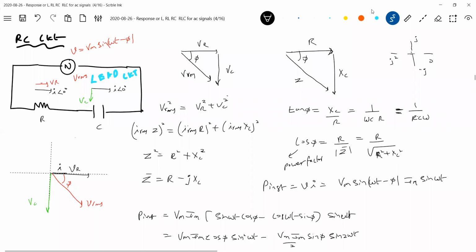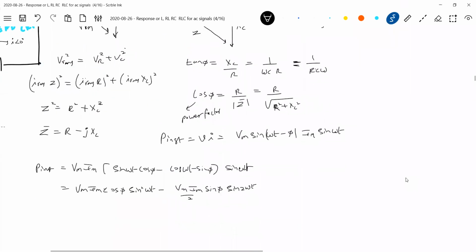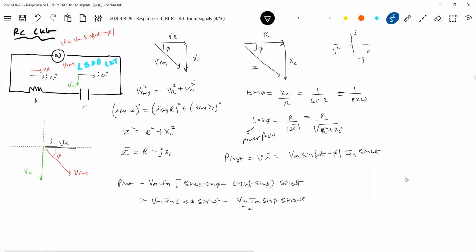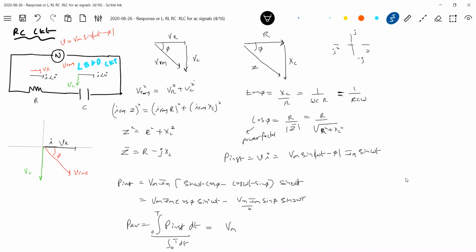So the average power, the integral of P instantaneous dt over the period, after solving, is Vm Im by 2 cos phi.